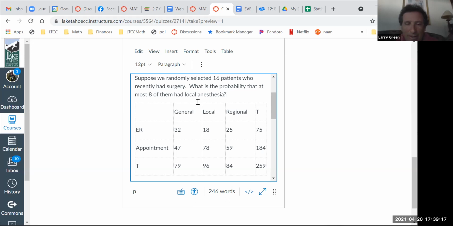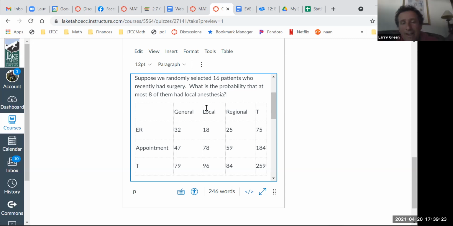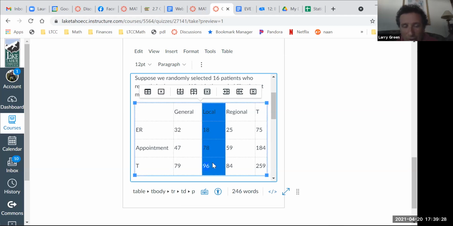Does that help or not, or do you need more? No, it doesn't. Okay, so we need to find the probability of local anesthesia. Here's the locals. Remember, a probability is a fraction. What's the numerator for the fraction?